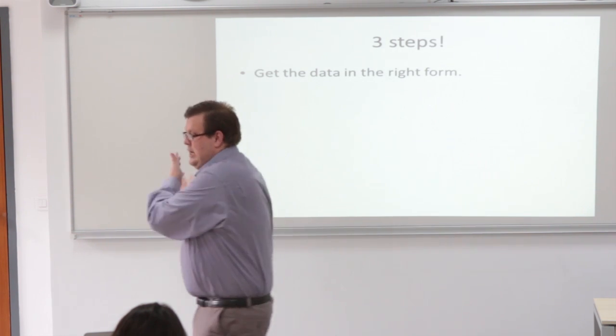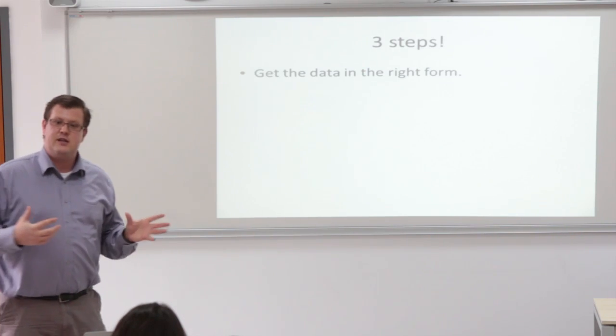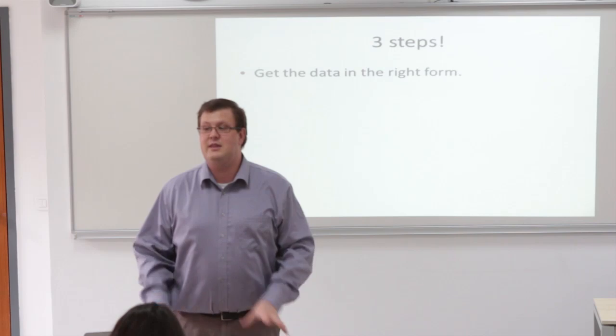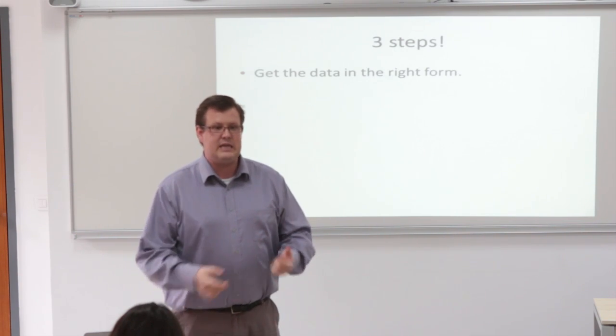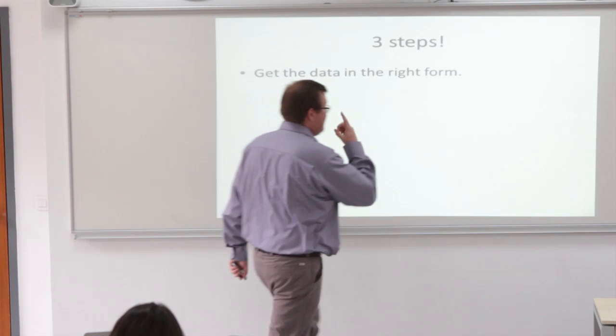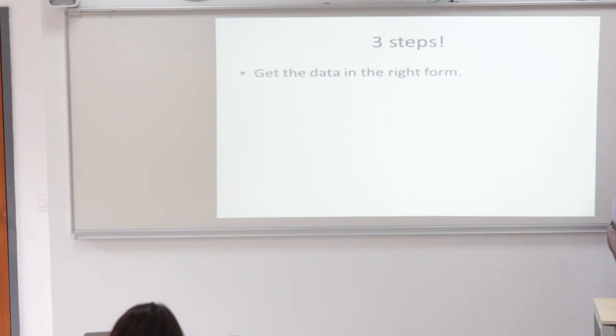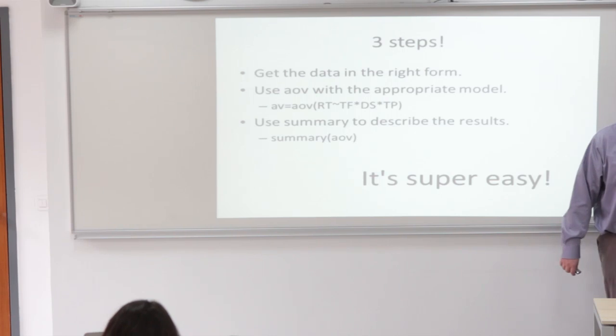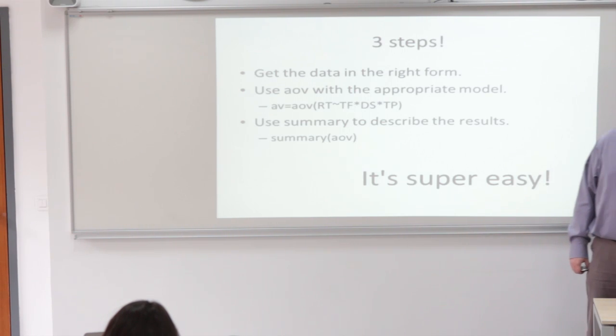If you join my lab for directed research, you will see data in exactly this style, which lends itself very easily to analysis of variance. So you get the data in the right form, then you use AOV with the appropriate model, and then finally you use summary to summarize the results. It's super easy. Okay, questions?